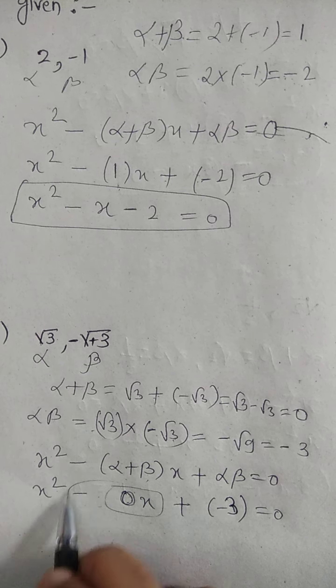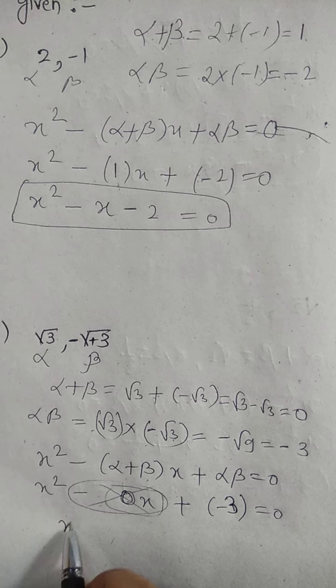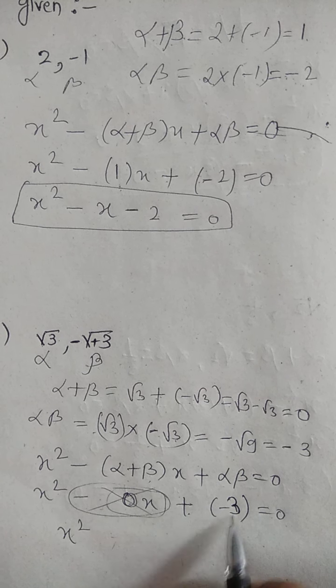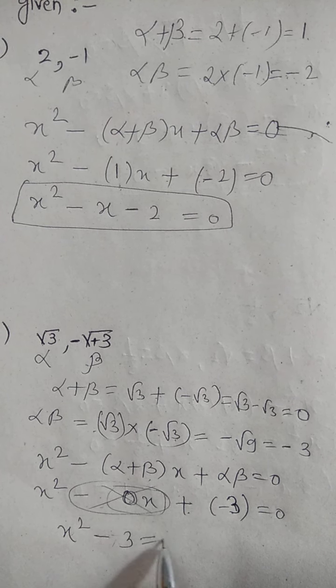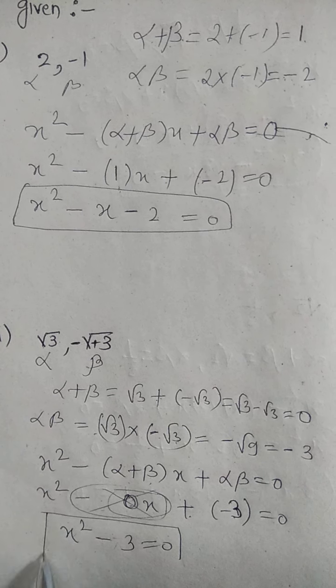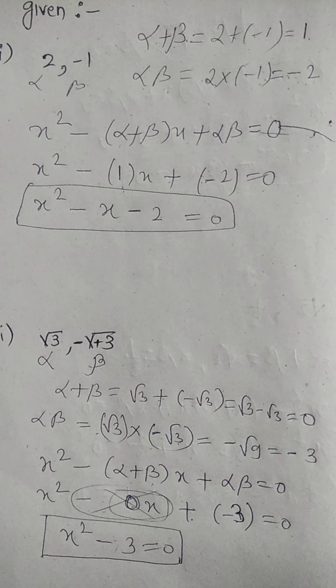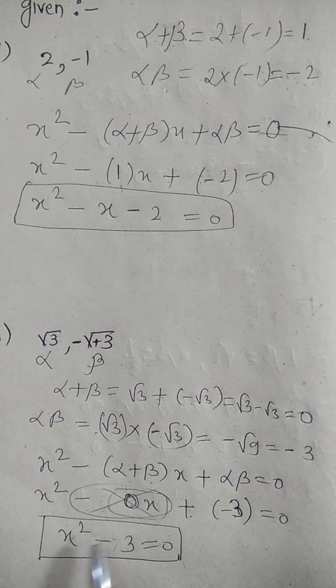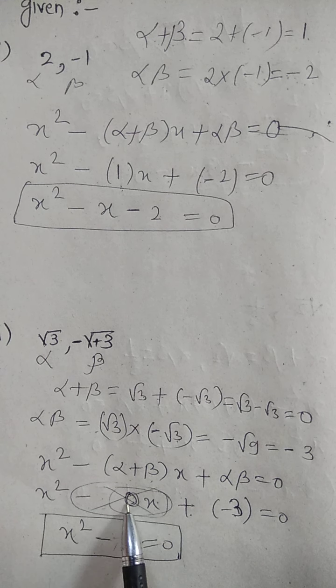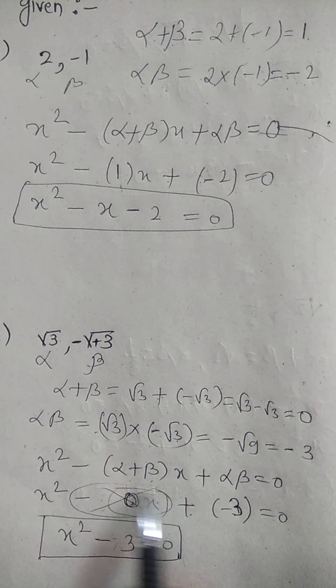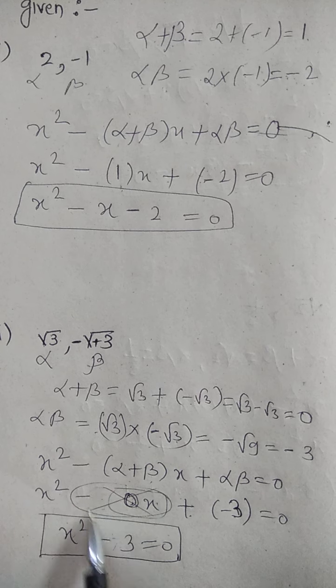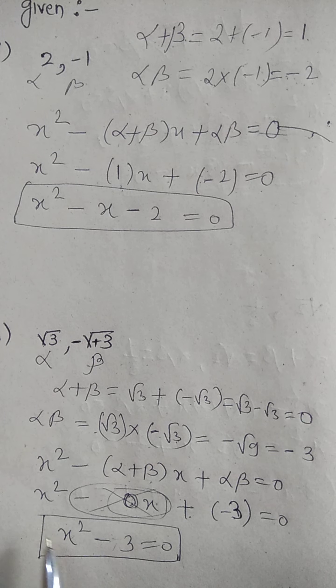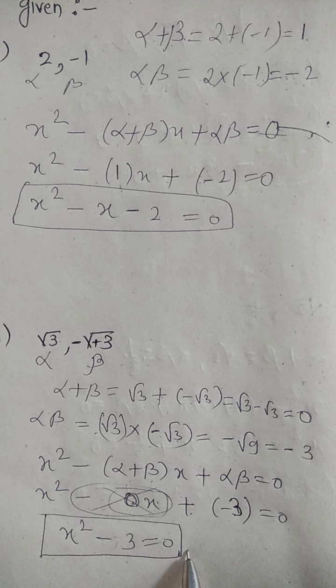So we don't have to write the middle term here. So it will be x square plus minus minus 3 equal to 0. Okay. Here you can't get 3 terms because the x coefficient is 0. So this whole term becomes 0. Then you get only x square minus 3 equal to 0.